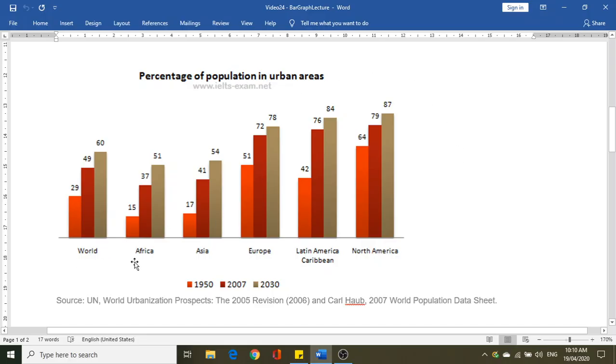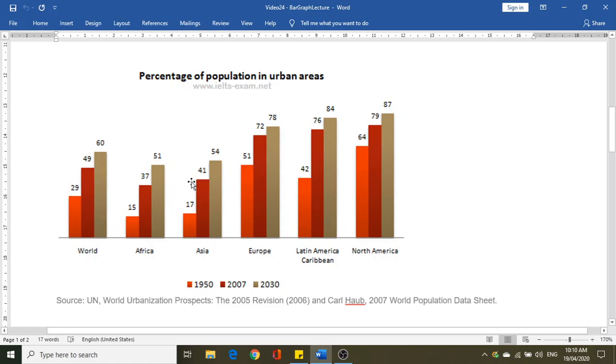We can see these regions like Africa, Asia, Europe, Latin America, Caribbean, and North America. So what the figures actually show are population figures for these areas, and then you have the world figures over here. So the world figures indicate the averages.